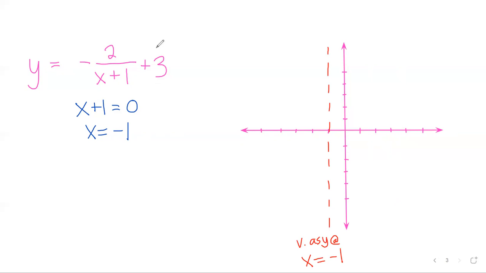We also now have a vertical shift, which we didn't see in the last couple, but we've got one of those now. So we can see it's up 3. So instead of a horizontal asymptote at y equals 0, now it's up 3, it's at y equals 3.